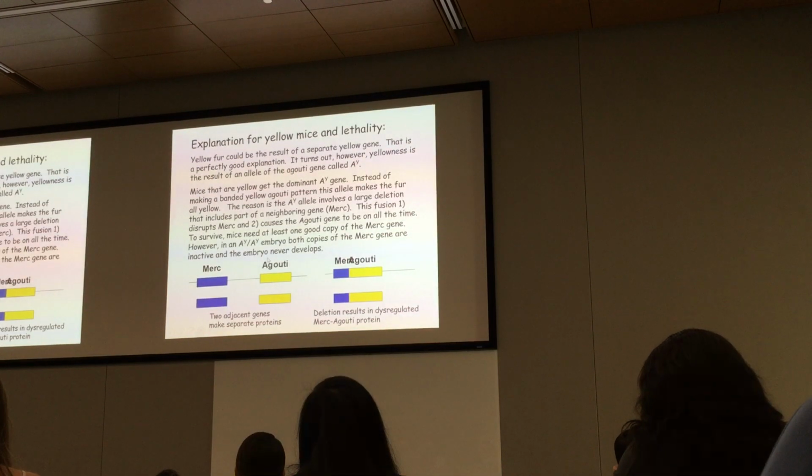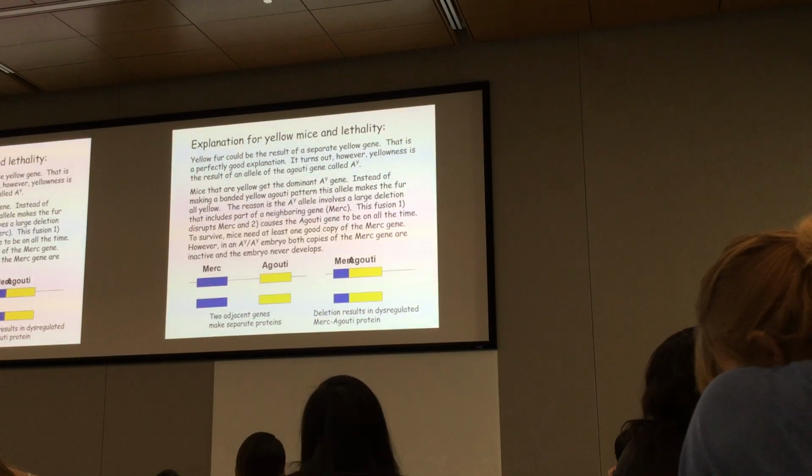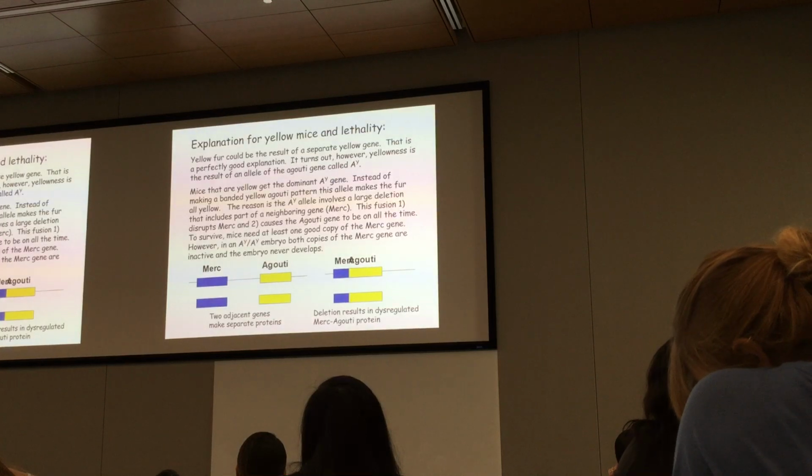In a normal chromosome in a mouse that is agouti, we have a gene agouti which encodes a protein, and this protein, if it's the big A allele, is responsible for making that little stripe of fur yellow against a background of black or brown fur. So that's what this gene does: it's located here, makes a messenger RNA, produces a protein, and that protein causes that yellow band of fur.